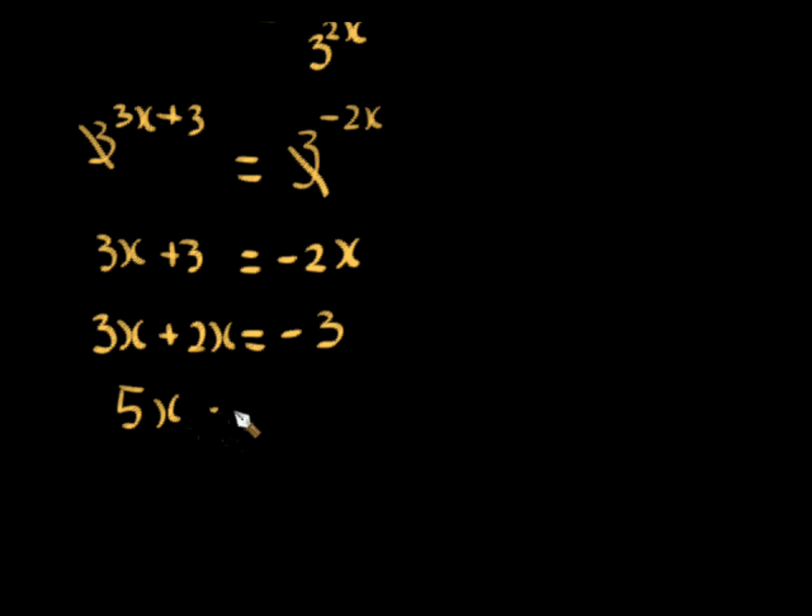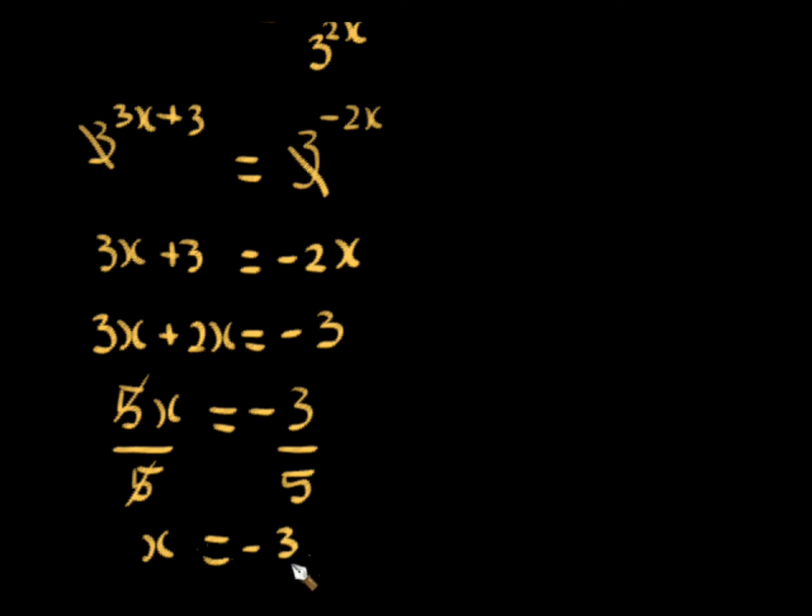On this side, we are left with minus 3. So in order to find our x, we divide both sides by 5. And in the end, our x is equal to negative 3 over 5. That would be the value of our x.